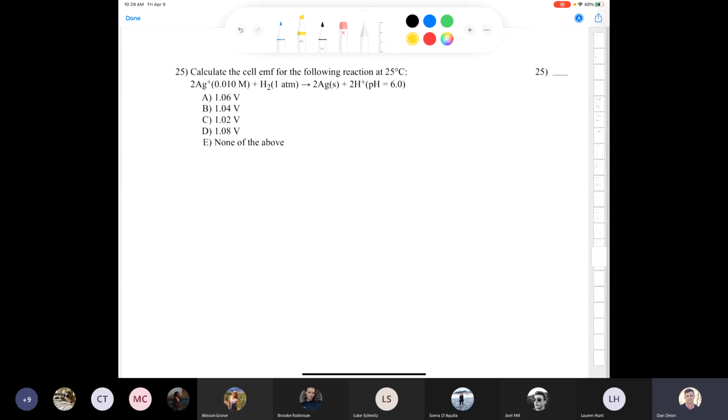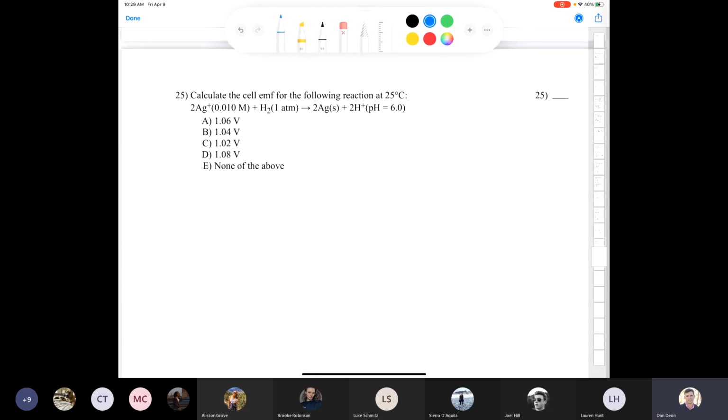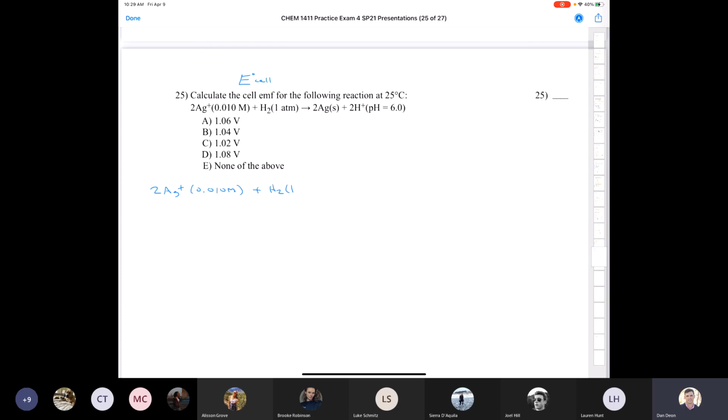All right, let's take a look at question number 25. It says calculate the cell EMF, which is the same thing as the standard cell potential, for the following reaction. We have two silver plus ions with a concentration of 0.010 molar plus hydrogen with a pressure of 1 atmosphere, which produces two silvers solid plus 2H plus, and I have a pH which is equal to 6.0.